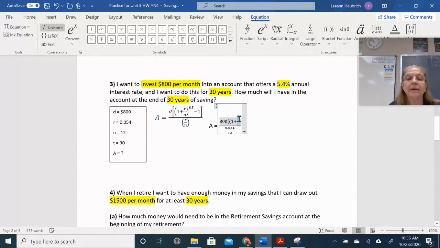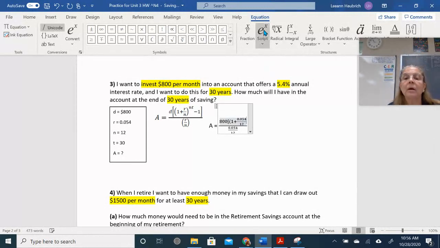The interest rate is going to be the 0.054 divided by the 12. And all of this is going to get raised to a power. I don't want to get all the way out to the end. I just want to get to this little, whoops. Okay, get to the 12.